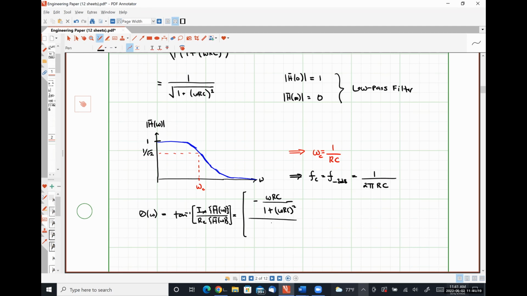And the real part was 1 over 1 plus omega RC quantity squared, which gives us inverse tangent of negative omega RC.